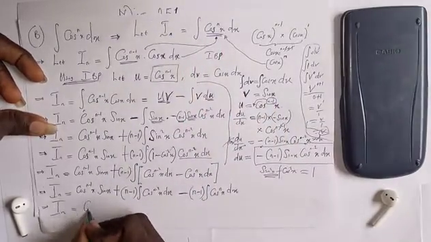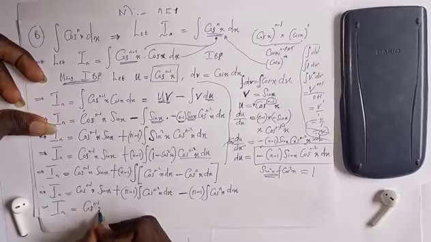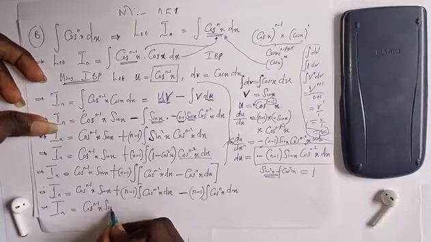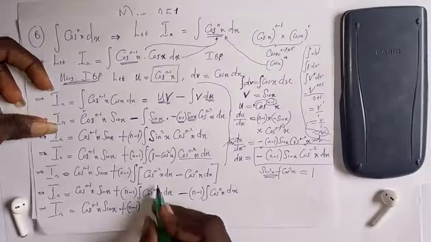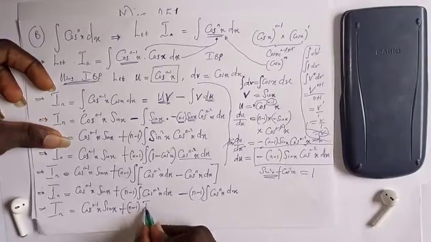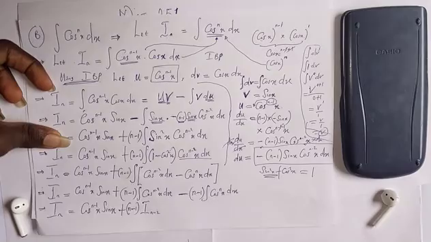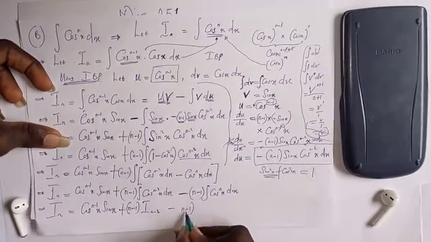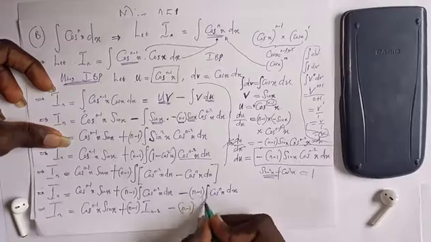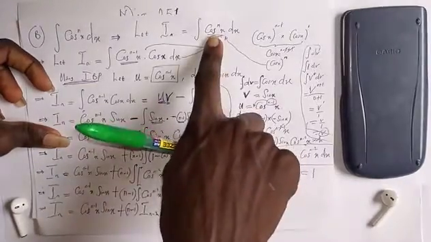I hope you agree with that. So that will be cos n minus 1 of x, then sine x plus n minus 1, then the whole of this becomes I of n minus 2. I hope you agree with that. So minus n minus 1, the whole of this is cos nx, and that's our first assumption from the question.